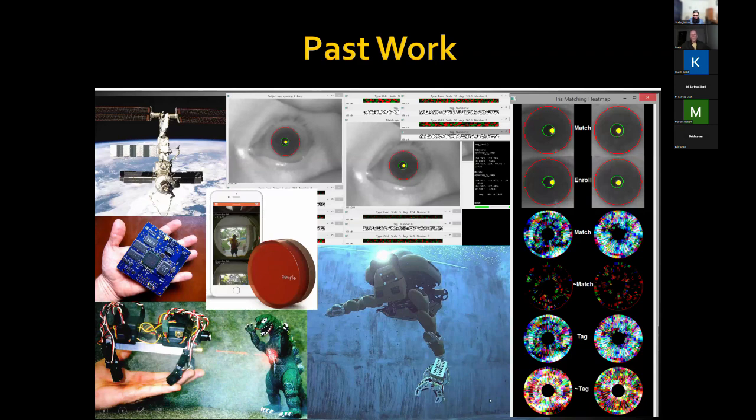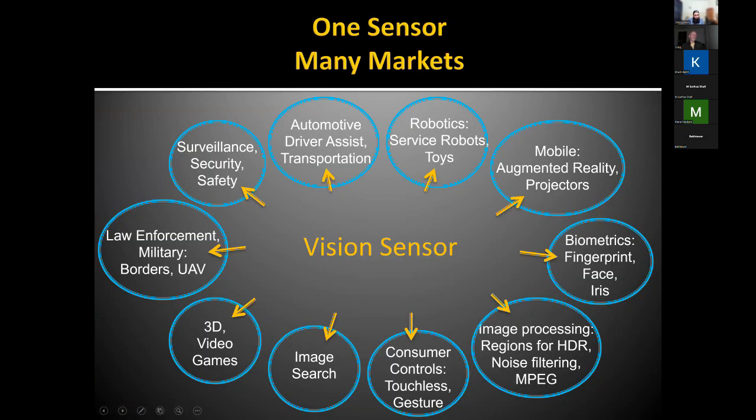So my goal when I was working with cameras, they were a little bit difficult to work with and very specialized per application or per market. And so my goal was to build something that could be used anywhere. So for any application.